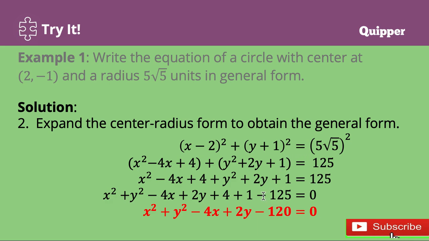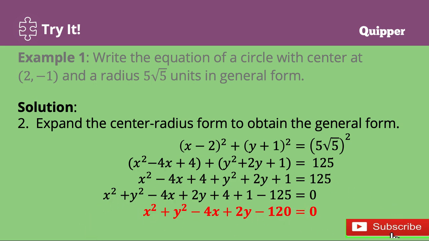So we have negative 125. Then equate it to 0. Simplify. 4 plus 1 is 5. 5 minus 125 is negative 120. Therefore, the general form of the equation of a circle is x² + y² - 4x + 2y - 120 = 0.